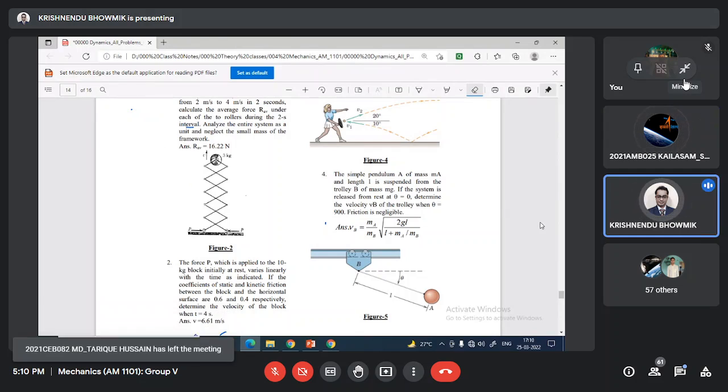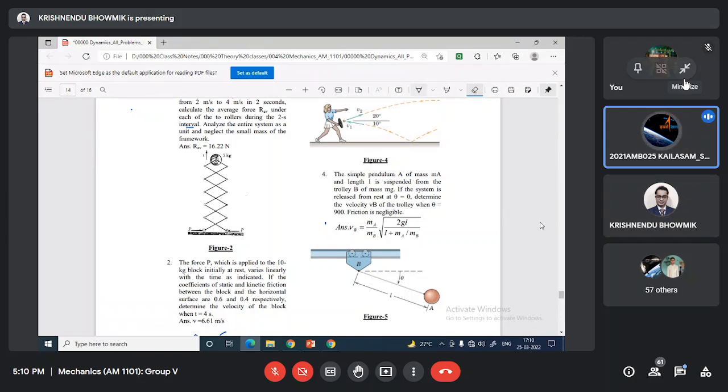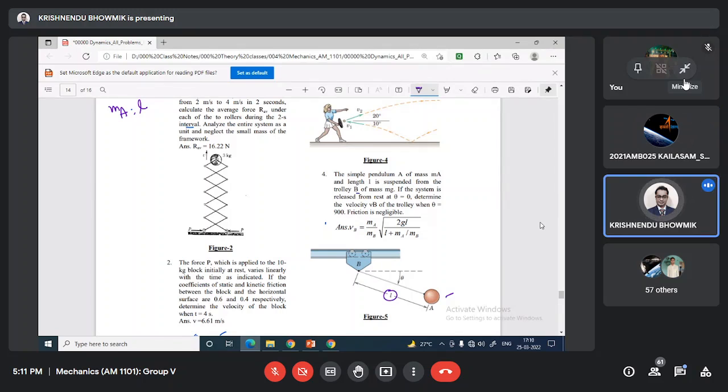Okay, there is a simple pendulum A, this A of mass ma, length L, is suspended from the trolley B. This is the trolley B of mass mb. Actually the expression is saying ma and mb, something is wrong, it is mb.